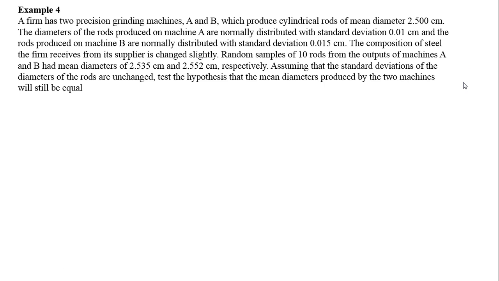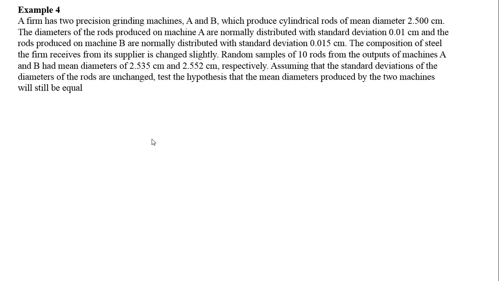Example 4. A firm has two precision grinding machines A and B, which produce cylindrical rods of mean diameter 2.50. The diameters of the rods produced on machine A are normally distributed with a standard deviation 0.01, and the rods produced on machine B are normally distributed with standard deviation 0.015. The composition of steel the firm receives from its supplier is slightly changed.